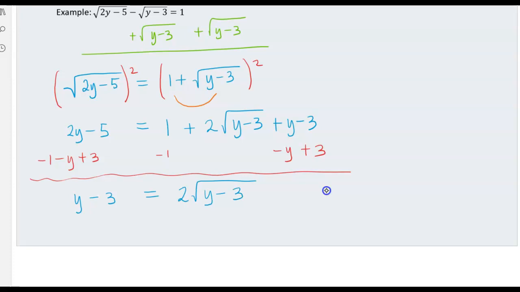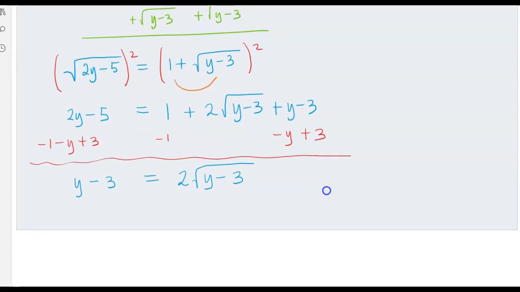In the last example, at this stage, I divided by the number that was in front of the square root symbol, but that's because it divided nicely into what was on the left. In this case, if I do that, it's going to create fractions, and so I'm just going to leave it there for the moment. It's not going to hurt things too much. Because at this point, what we're going to do is square both sides of the equation.